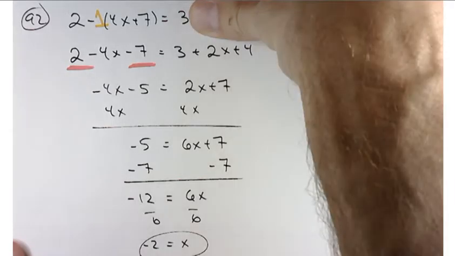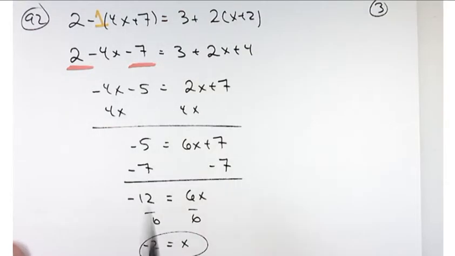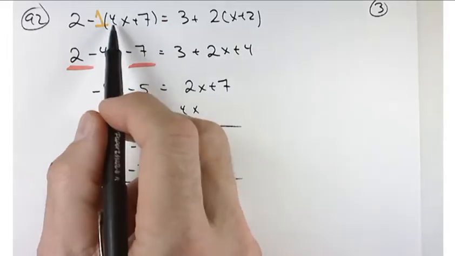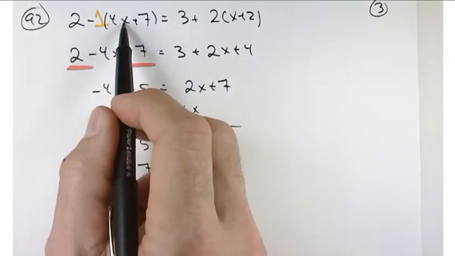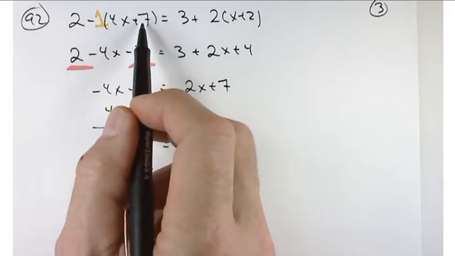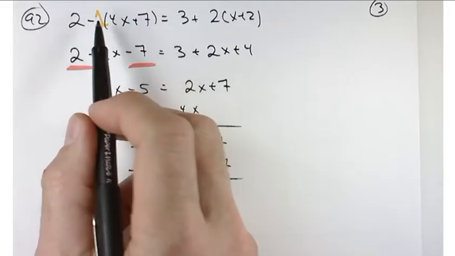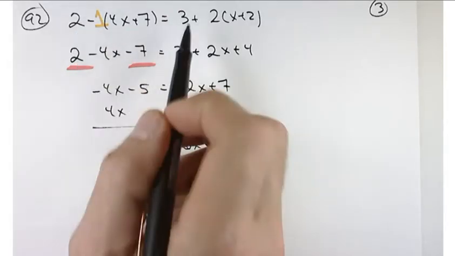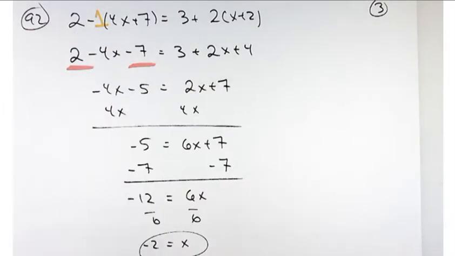So the right-hand side would be a 3. If I plug in negative 2 here, I get negative 8 plus 7, which is negative 1. Negative 1 times negative 1 is positive 1. Plus 2 is 3. I should probably have written that out. But you can check these things, even though sometimes they might be a little bit longer.